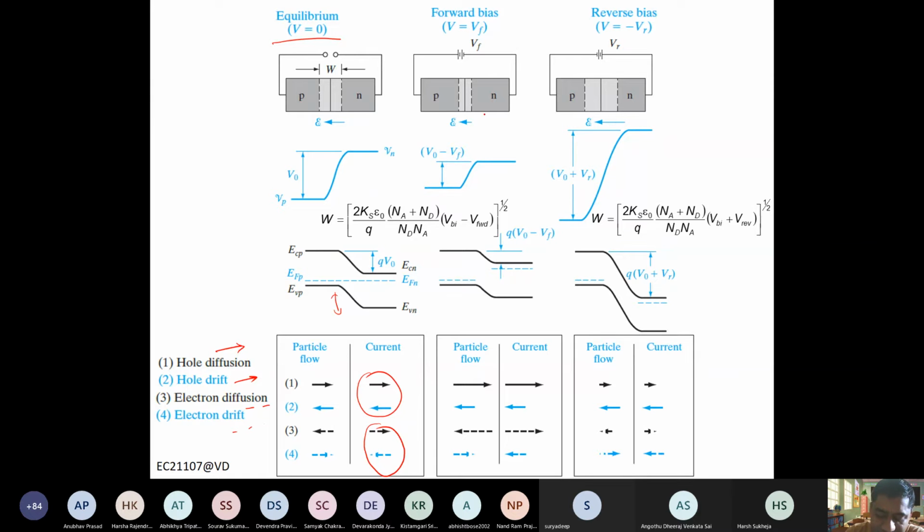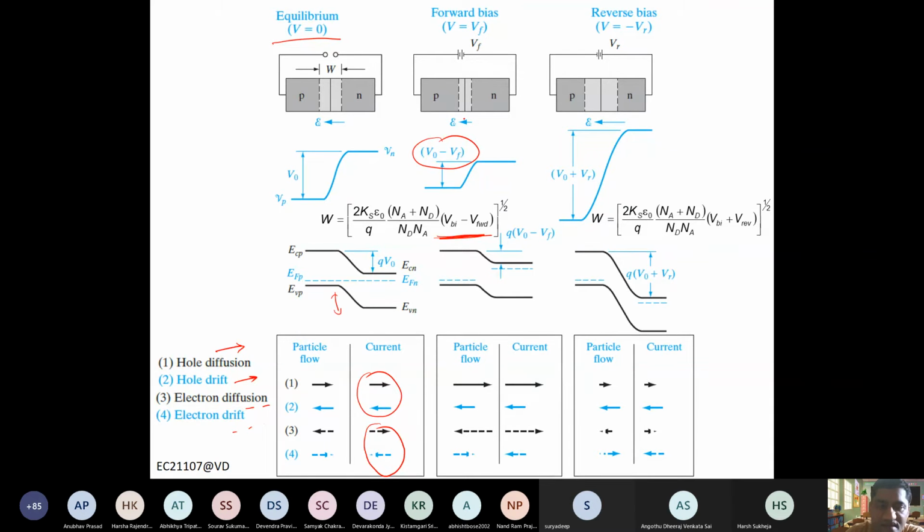When you apply the forward bias, your barrier reduces. And you can say that the depletion width is also reduced, by VBI minus V forward bias. Please notice one more thing here. Depletion width is proportional to the square root of voltage. Because this width is related to the capacitance, right?